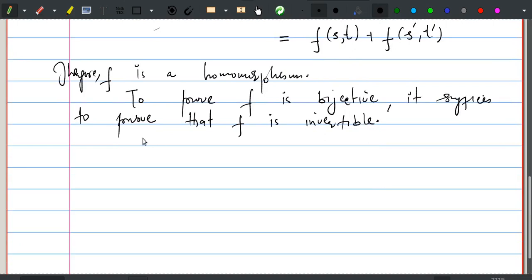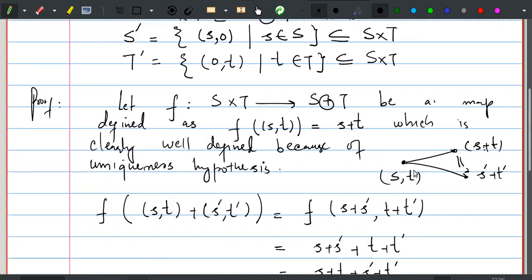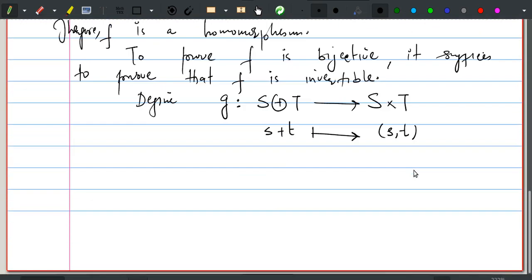Let us define g from the direct sum of S plus T to S cross T as s plus t goes to (s, t).